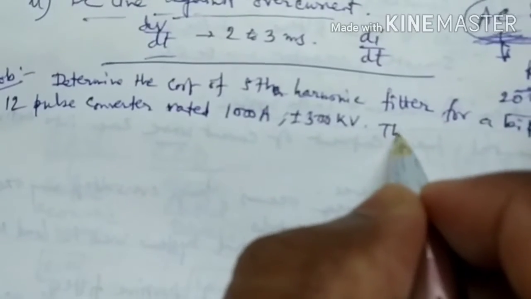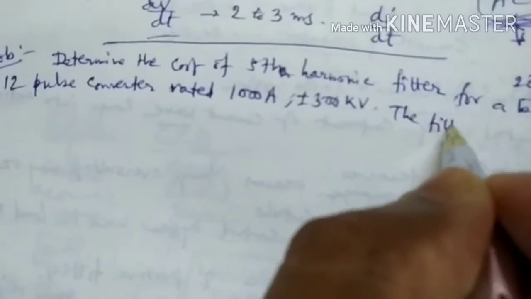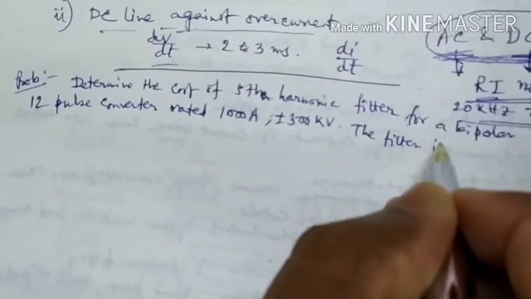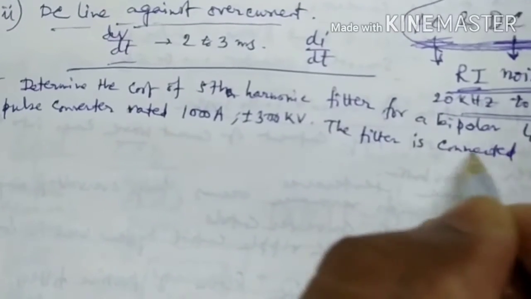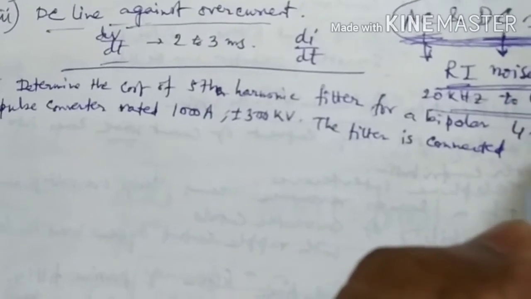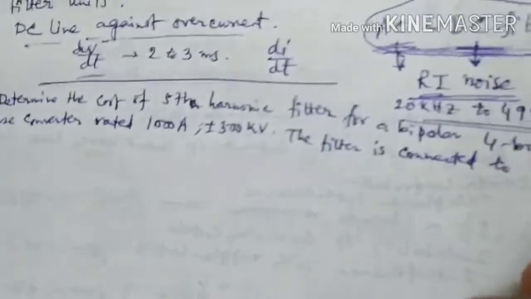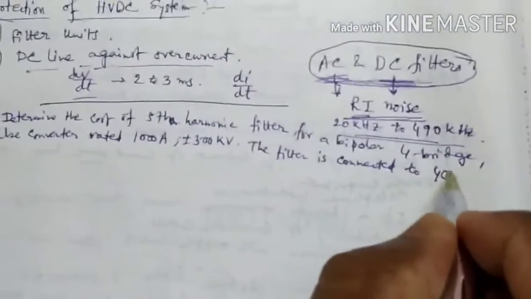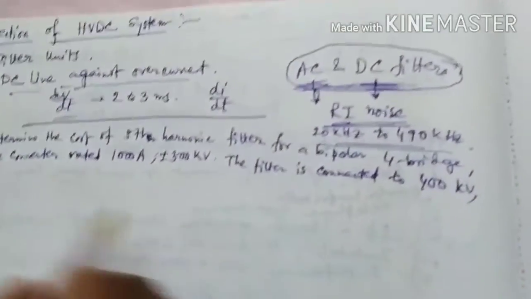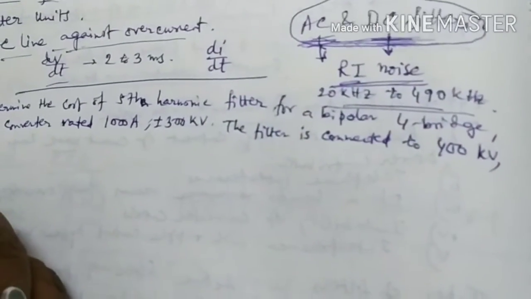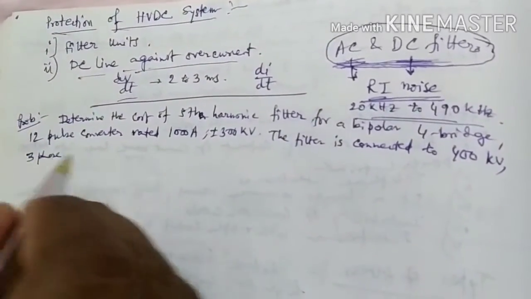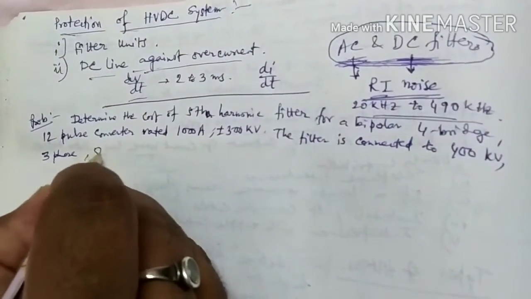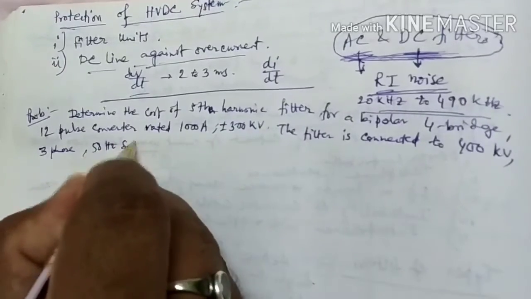The filter is connected to a 400 kV 3-phase 50 Hz supply.